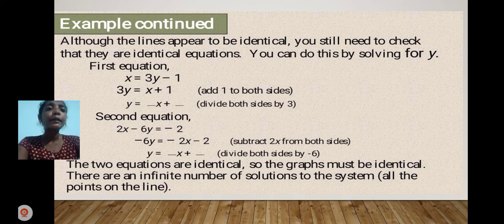We will get minus 6y is equal to minus 2x minus 2. Now divide both sides by minus 6. We will get y is equal to x/3 plus 1/3. The two equations are identical, so the graphs must be identical. There are an infinite number of solutions to the system, all the points on the line.